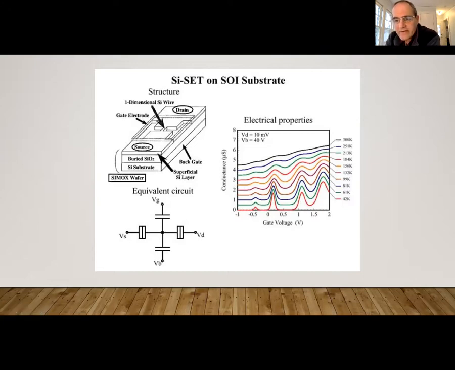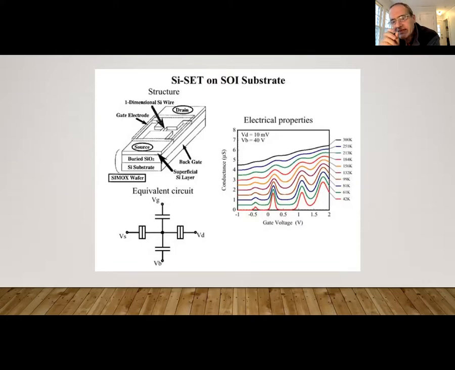So single electron transistors work really well at low temperature. And it's possible to make single electron transistors that work at room temperature, but not very well. Moreover, they're very sensitive to the exact parameters of the device, the size of the quantum dot, the properties of the tunneling junctions.